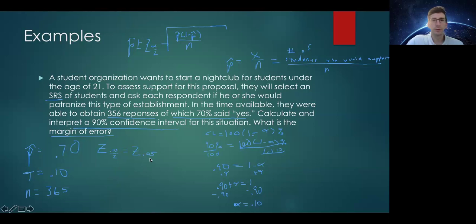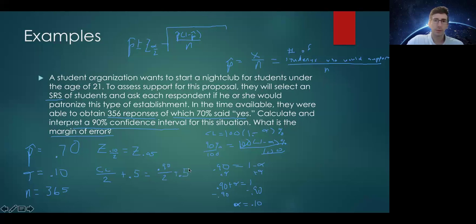So we can use inverse norm just of 0.05, or if you want, we could use that formula, the confidence level divided by 2 plus 0.5, whichever one you feel more comfortable with. Our confidence level was 0.90, right, for that 90%.